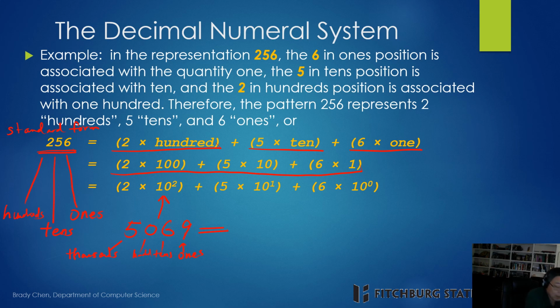Now in expanded form, we can write 5069 as 9 times 10 to the 0, because 9 is in ones position, and 6 times 10 to the 1, plus, now 0 is in hundreds position, so it's 0 times 10 squared, and then 5 times 10 cubed, or 10 to the 3. Now that's the expanded form for the number 5069.